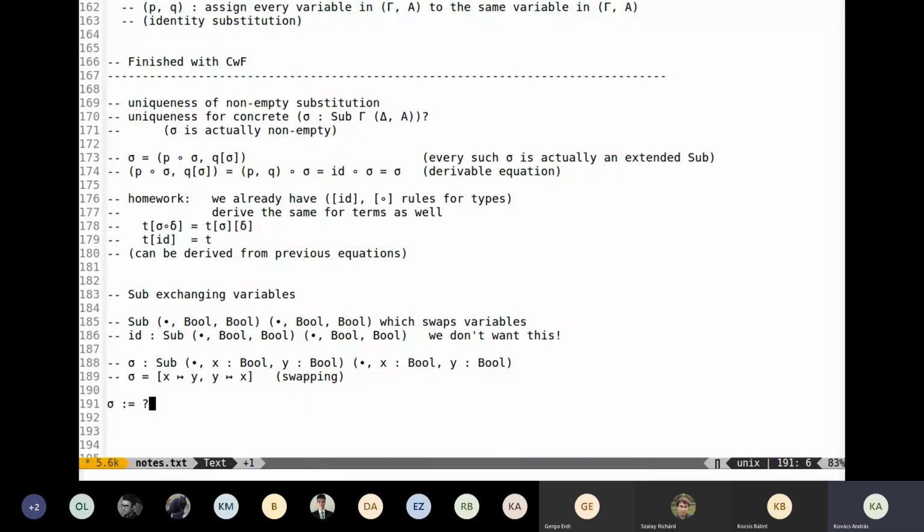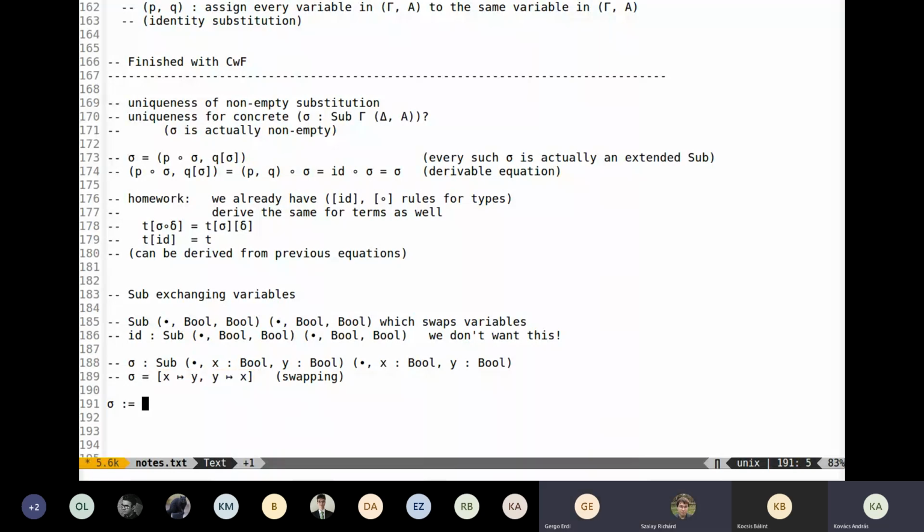We know that this is a substitution which goes into an extended context, because it will have to be something, comma something, comma something. But why the extended context if we have the same variables? This is a substitution which goes into a context of length 2, and if you look at this informal notation, it's also a list of variables of length 2.